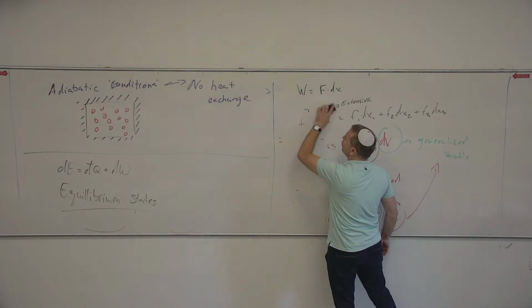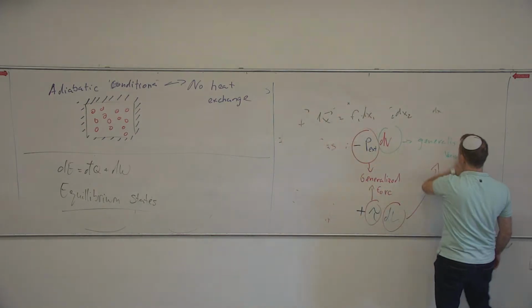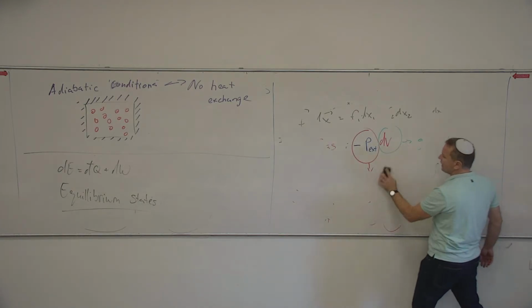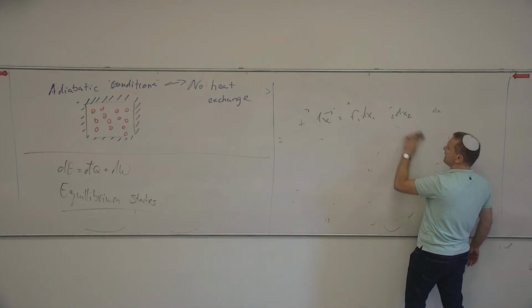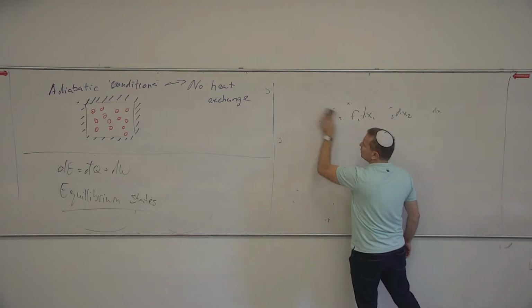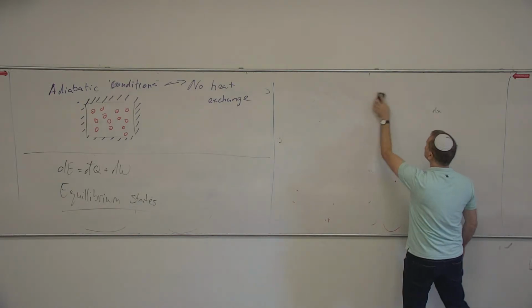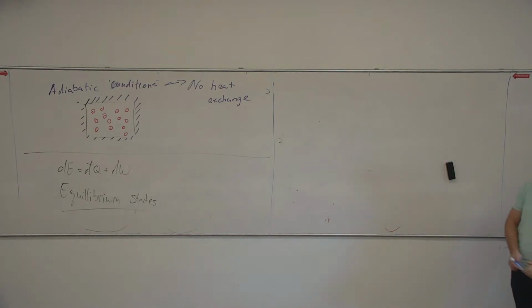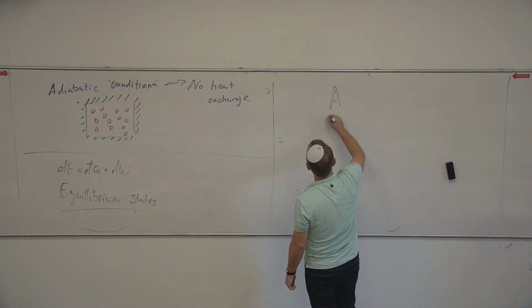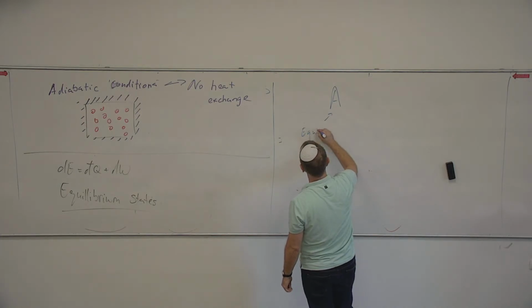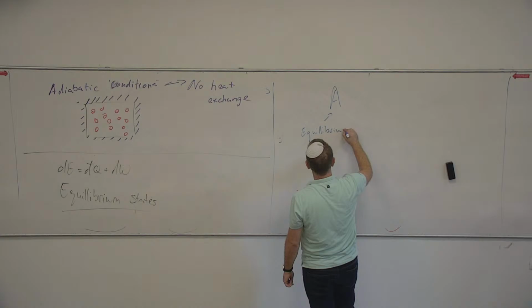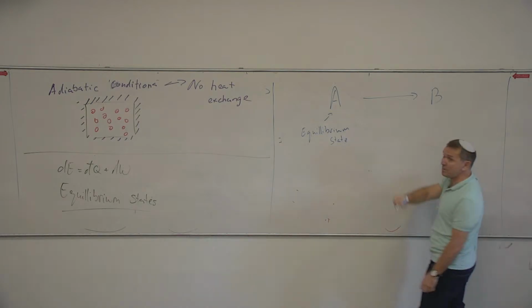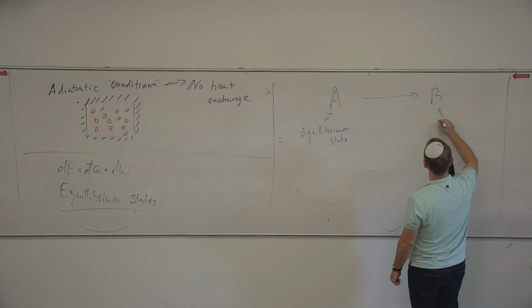We want to start from some equilibrium state A and get into some equilibrium state B. So all the transitions of the system, and the exploration of what can happen to the system, is exploration of equilibrium states. We can start from A, an equilibrium state, and transition into some B, which is also going to be an equilibrium state.